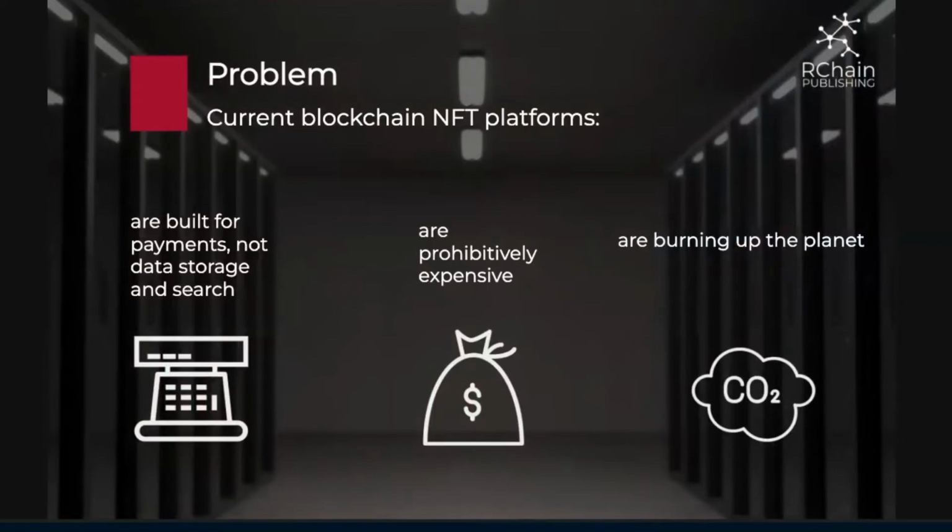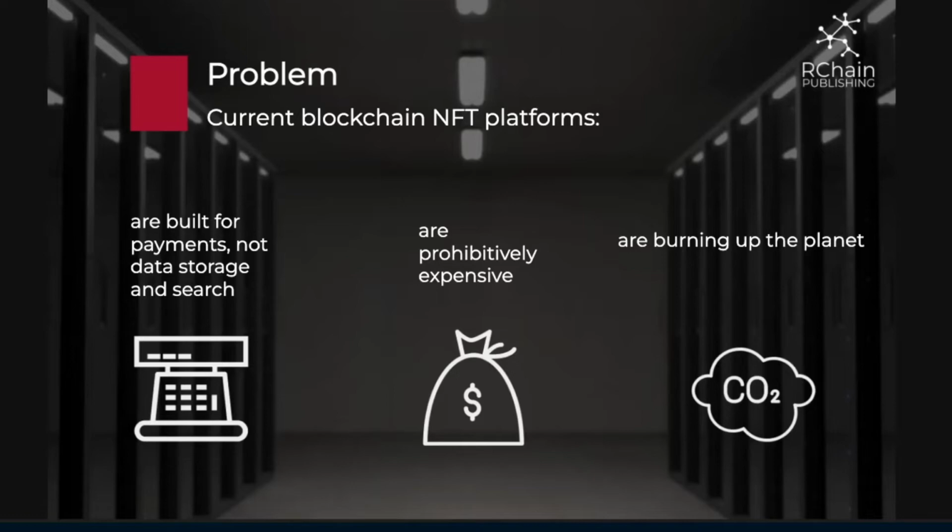And the problem that we're seeking to solve ultimately is self-sovereign data, of which NFTs are simply a subset. We're focusing on the self-sovereign data and the NFTs will just come along as part and parcel of that. So the current problem with NFT platforms and with decentralized storage is that certainly with NFT platforms, they're burning up the planet because they're all based on Ethereum, and they're not actually storing the asset on chain.